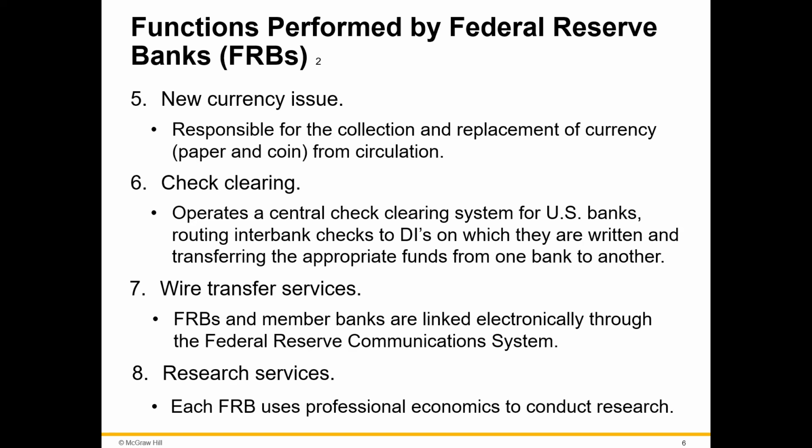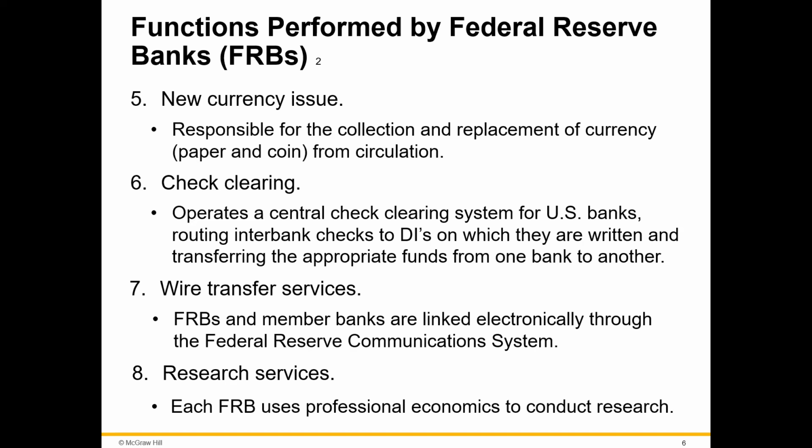So somebody with a checking account in Bank A writes a check, gives it to somebody that banks with a different bank, so that check goes over there. Then Bank B will process that check through the Fed to clear it through the other bank. So there's a multi-step process, a little more complex than you see. But now, as checks become less and less of a thing, there's less of a need for this service, but it's still out there.